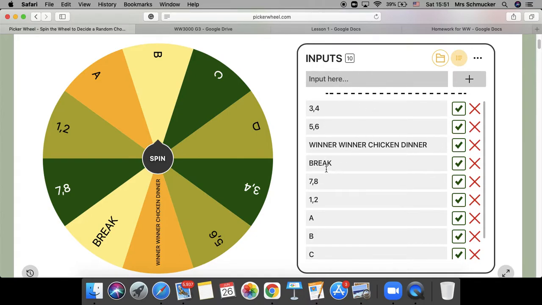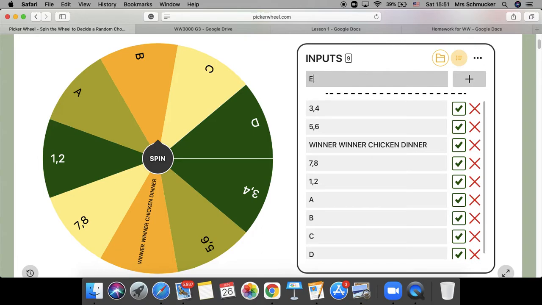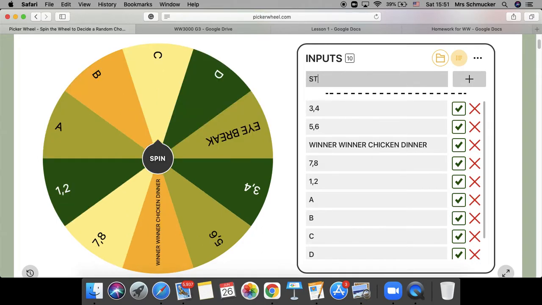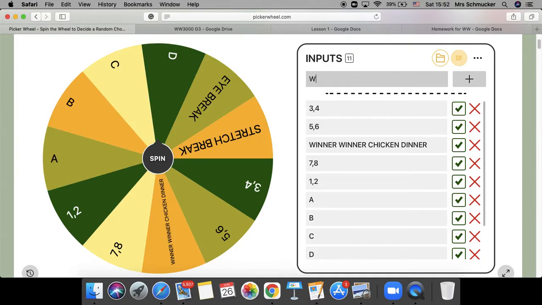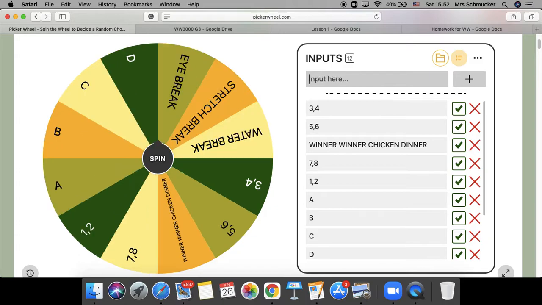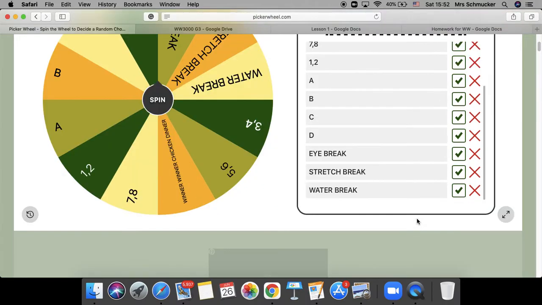And then you can add something fun into it. You can add a break, like a break. So I'm going to put it right here. So, and then you have a stretch break, and you even have a water break. You can be very creative here, okay?